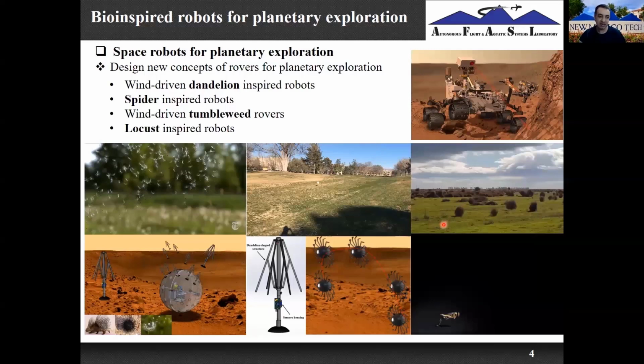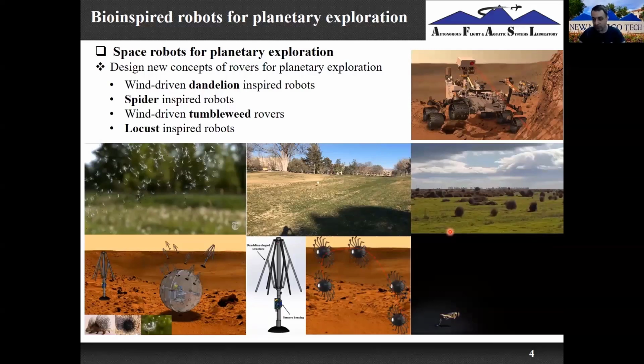What we are thinking about, and NASA did this in 2004, is designing micro rovers that are like tumbleweeds. They can roll and harvest energy from the wind, and they are wind driven, so they can move long distances over Mars. They can communicate with each other, and they can be used for monitoring the red planet.